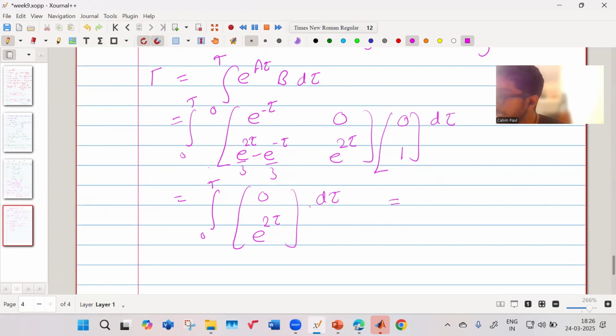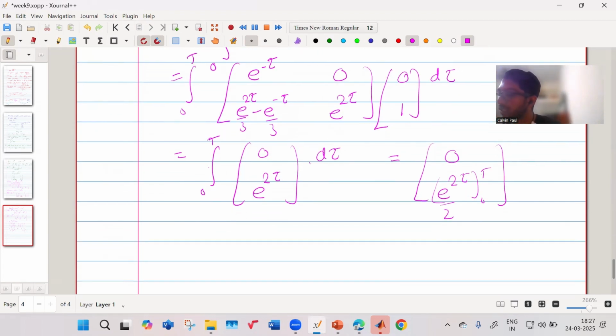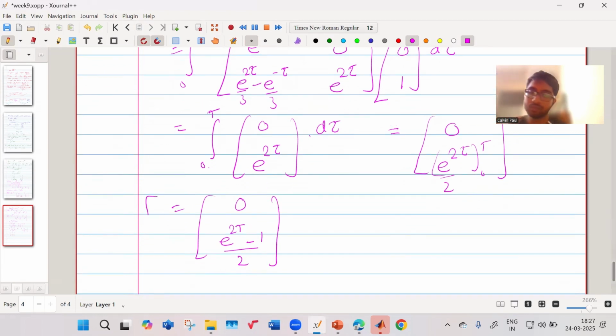So when we integrate, this becomes 0 and e to the power 2 tau upon 2, and the limits are from 0 to T. Okay, so this becomes equal to 0, e to the power 2T minus 1 upon 2. This is the gamma. So this is the formula for gamma, and our phi of t we have already obtained.